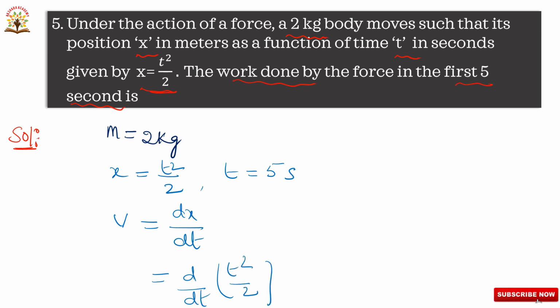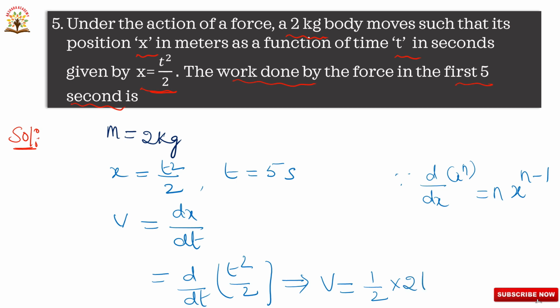So d/dt of t², using the formula d/dx of xⁿ = n·xⁿ⁻¹. Applying this formula here, we get 1/2 into 2t.